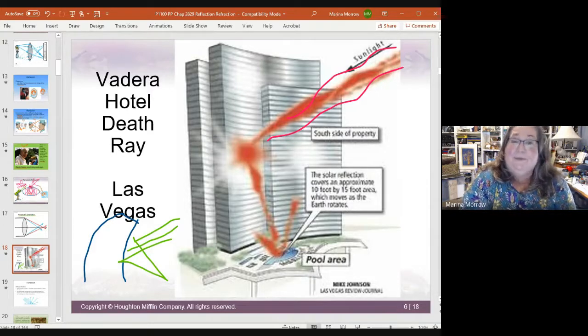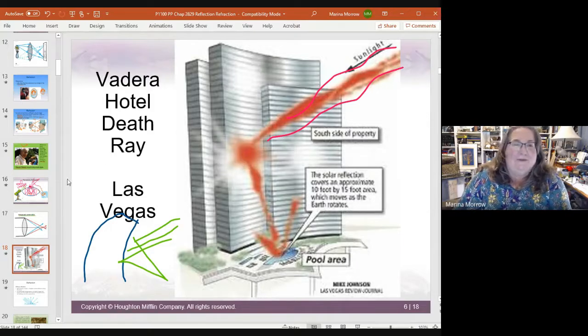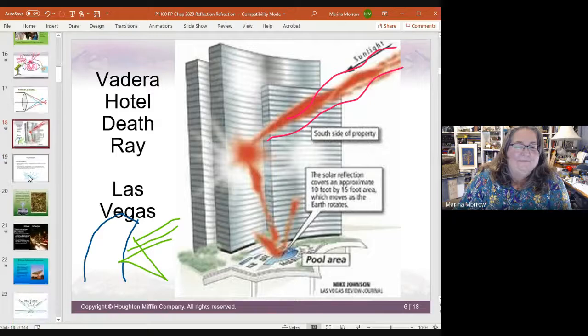And people found they could cook on the sidewalk. So you can cook an egg on the sidewalk because of the death ray from the building. So anyway, what these buildings both did was have to replace windows or put coatings on windows so that they would not reflect light like that. Okay, so those are those.